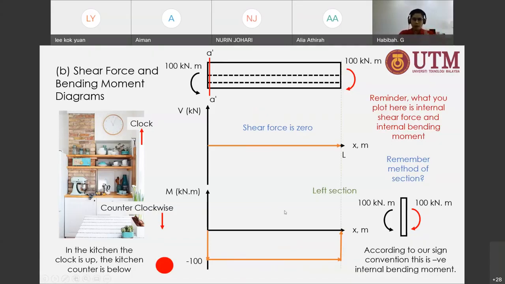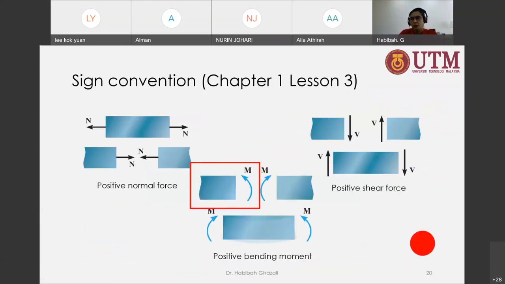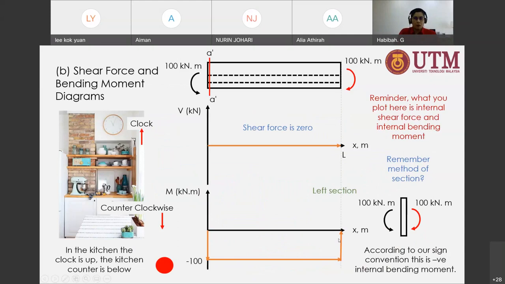So always go back to your sign convention, this part. Draw it on your sheets of paper and remember all of this. So this is for internal forces. When we say normal force, shear force, bending moment, it's all indicating that these are internal forces and moments. Okay, so if that's clear, we can move on.